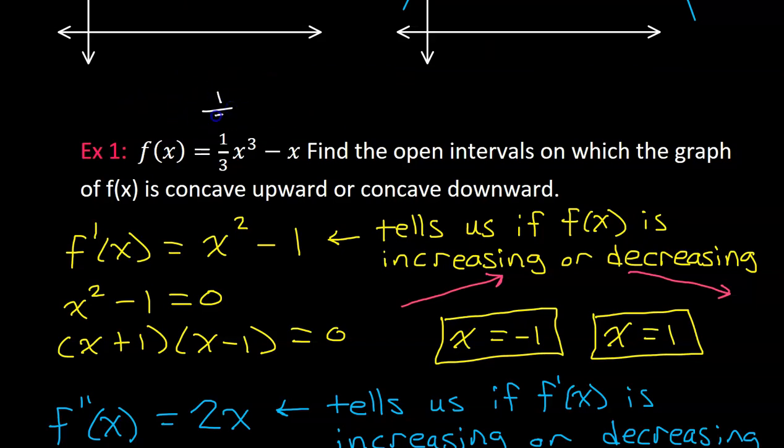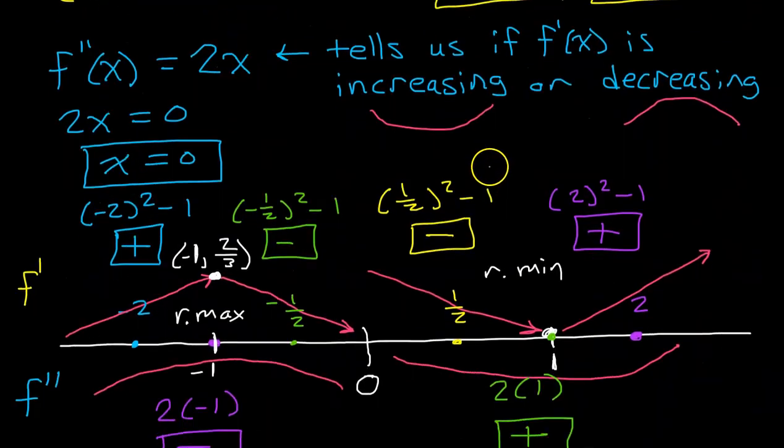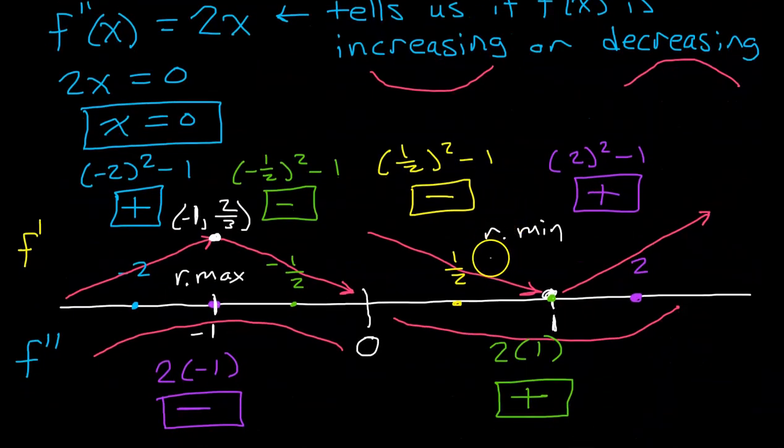Okay, so that would be 1/3 times +1 cubed minus +1. Well, 1 to the third power is just 1. 1 times 1/3 is just 1/3. So we have 1/3 minus 1, which is -2/3. So we have a relative min at +1, -2/3.